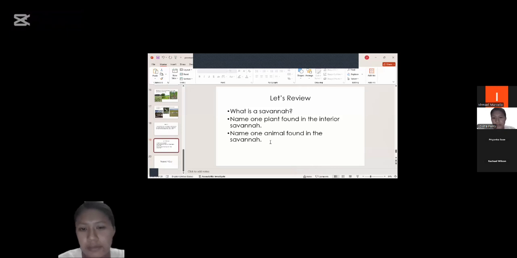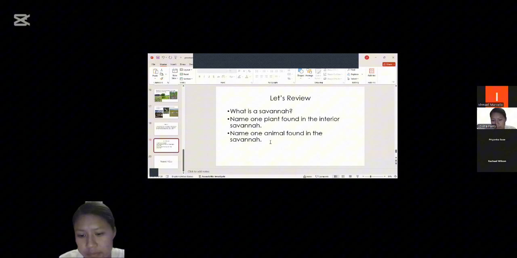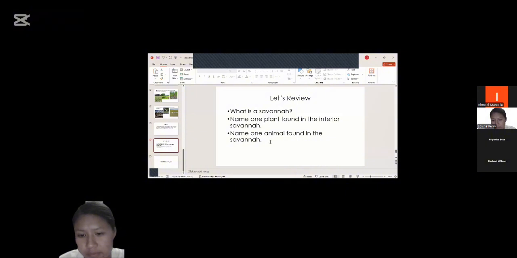It doesn't have to be a long answer or a long description. A savanna is a flat grassy plain that is mostly covered with grass and scattered trees and some rolling hills. That's what I understand from the lesson.